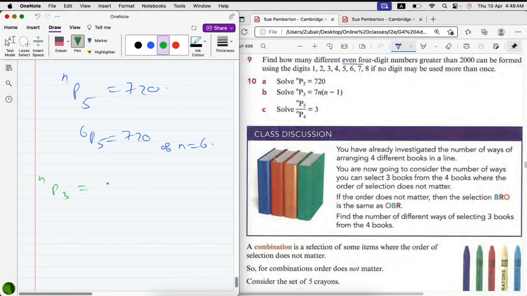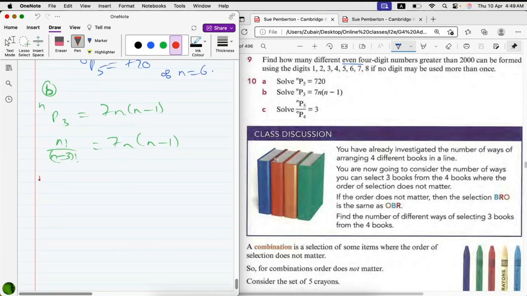NP3 equal to 7N into N minus 1. That is going to be lesser calculation. N factorial over N minus 3 factorial is equal to 7N into N minus 1. N, N minus 1, N minus 2, N minus 3 factorial over N minus 3 factorial is equal to 7N square minus 7N.